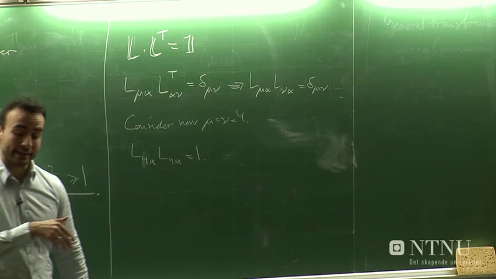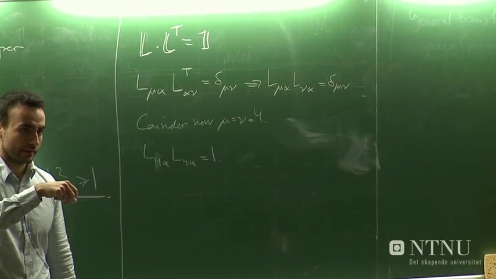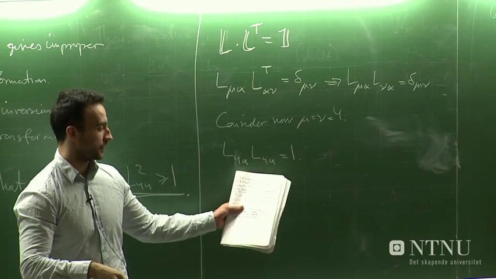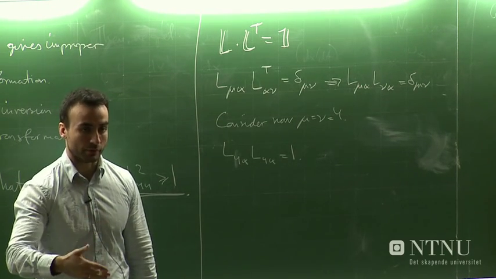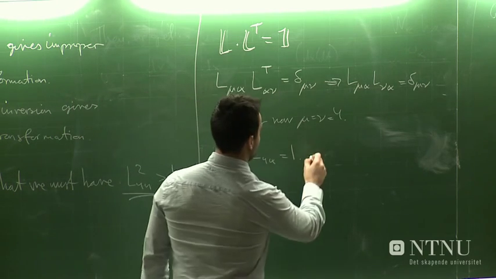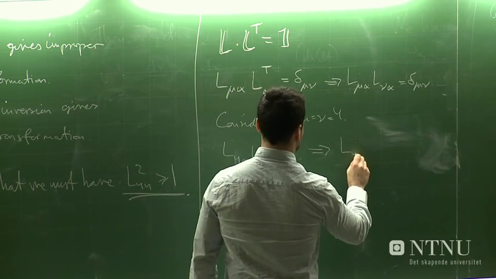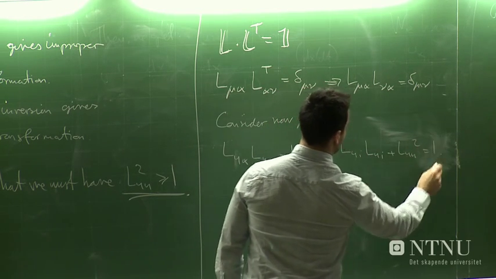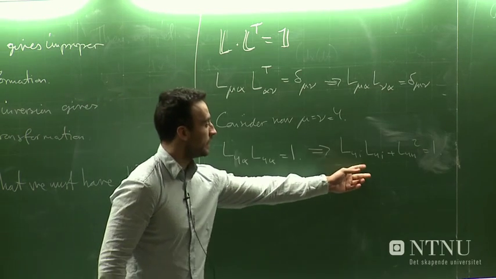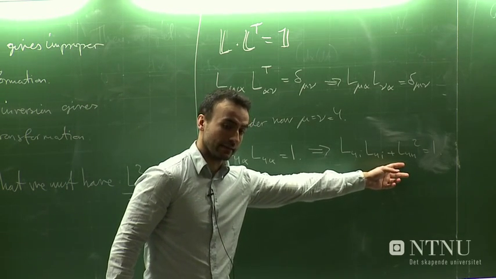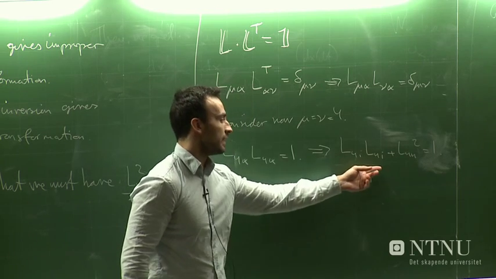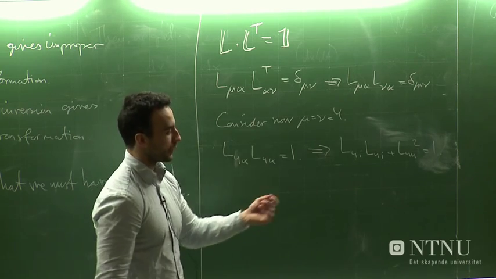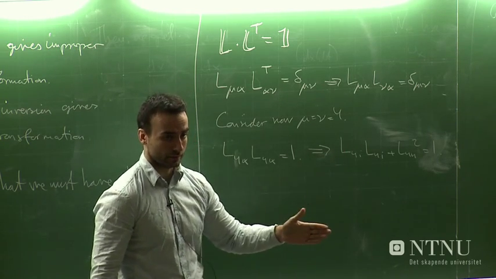Now, keep in mind the Greek indices represent these 4-dimensional vectors. So if it's a summation over a Greek index, it means that we sum over both space and time coordinates. So I can write this sum in the following way, where I now extract the time part, the L44 element, and then write the remaining sum with a Roman index to indicate that we're now summing only over the 3 first coordinates.